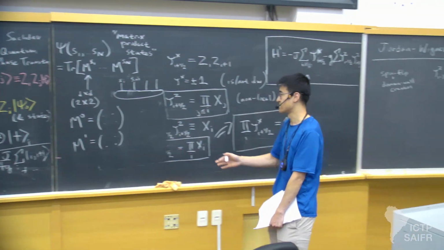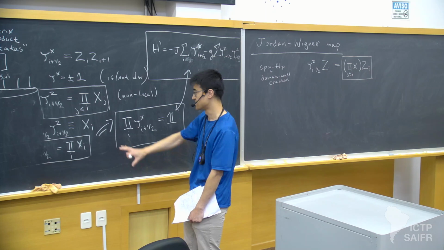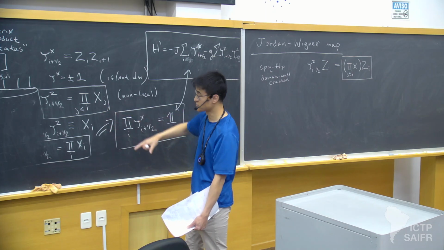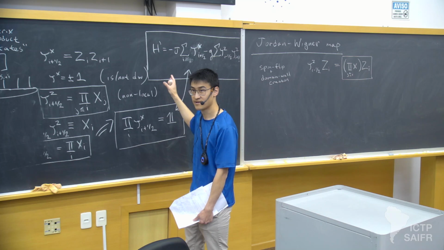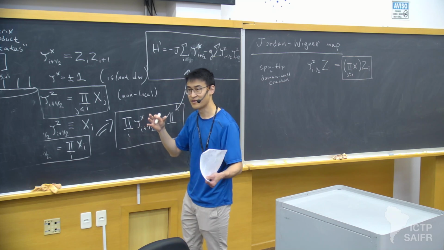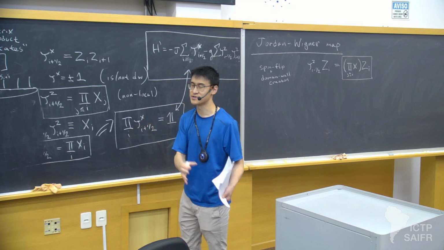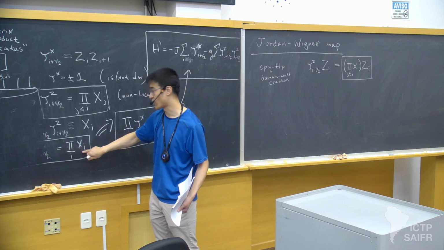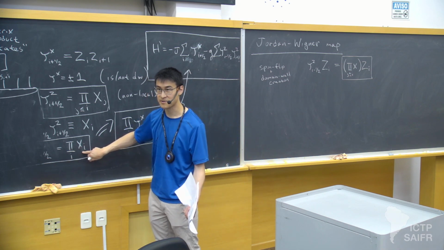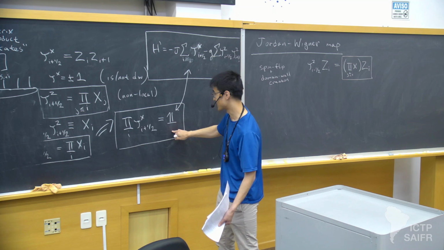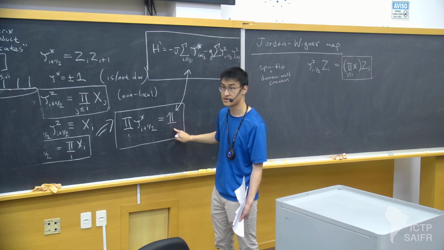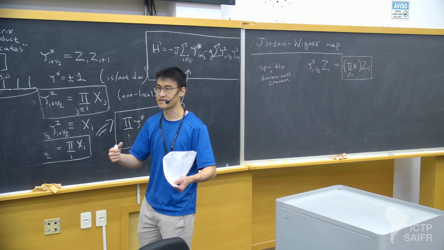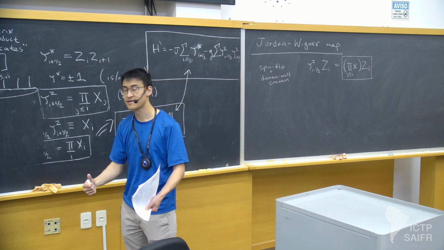So remember that I erased part of it, but the duality involves these two Hamiltonians in two different variables only when there's a constraint on each side. So the constraint on the physical qubits is that product of x is 1, okay? And the constraint here is that the product of tau x is 1. So the duality only applies when enforcing a constraint on both sides.